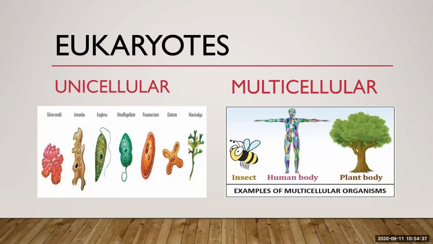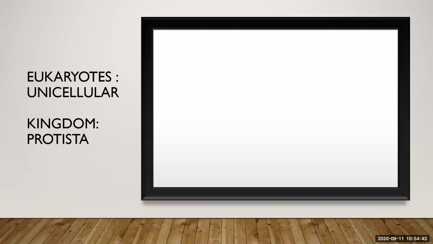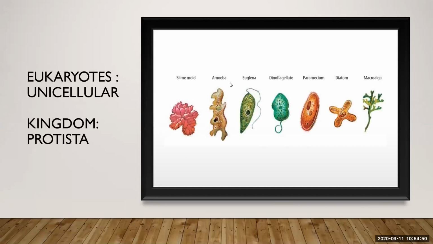Now, this is also one criteria, on the basis of cell organelles and cells present. Then we go to the eukaryotes which are unicellular. These are one-celled organisms, and they are classified in the kingdom Protista.